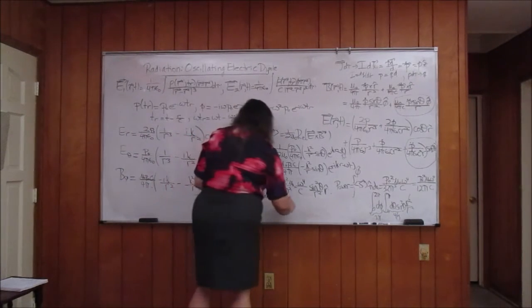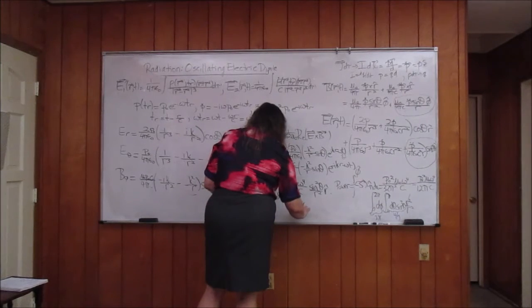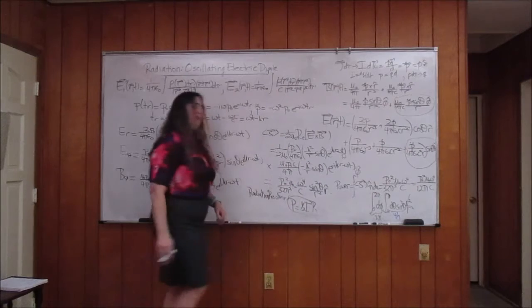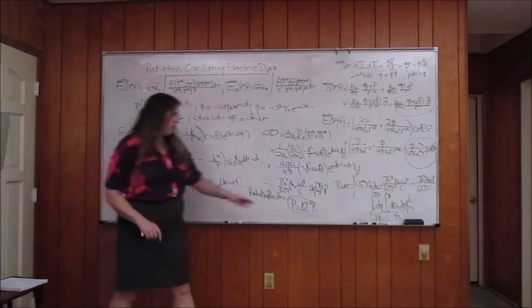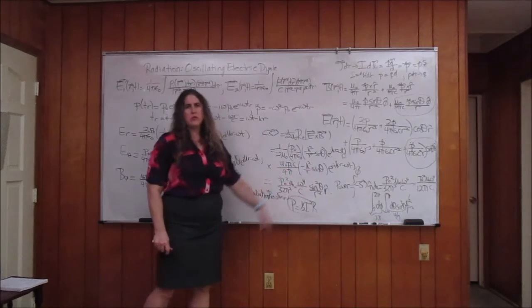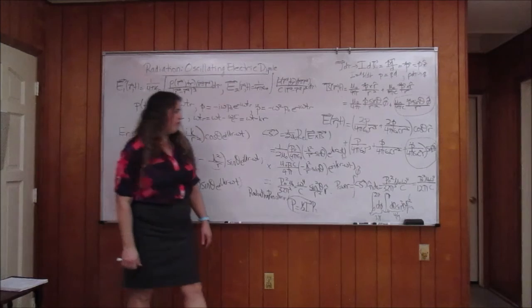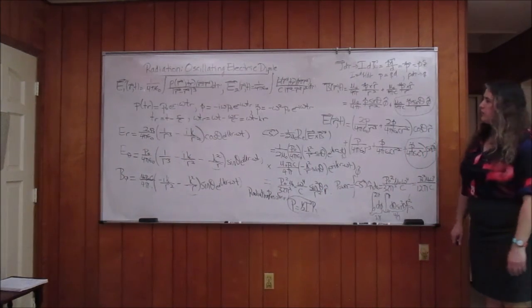So radiation resistance is found by solving this for this R, okay? And again, the factor of a half comes in because we're dealing with average quantities, okay? So that is a complete oscillating electric dipole in excruciating detail.